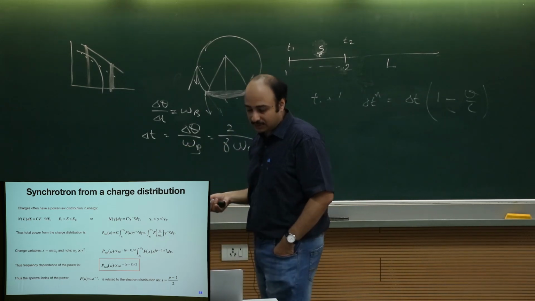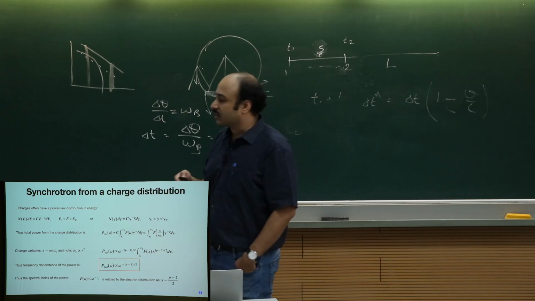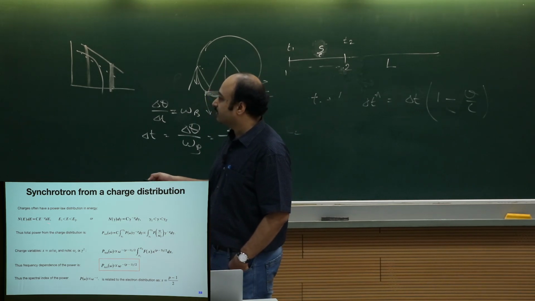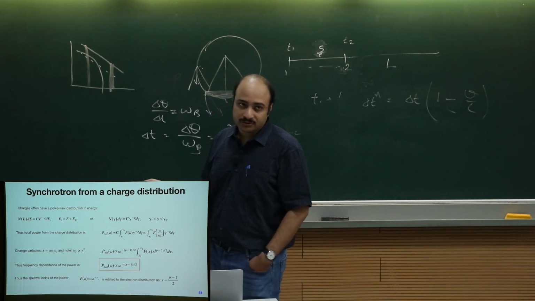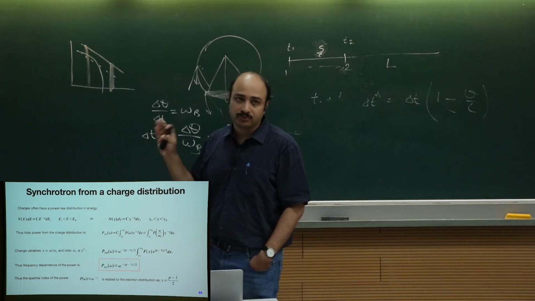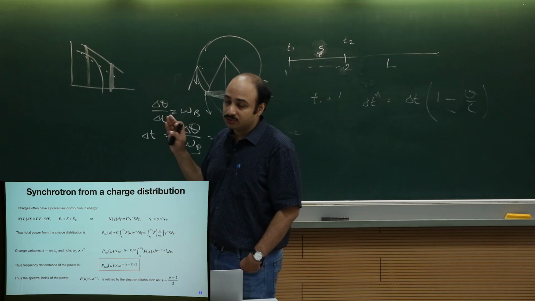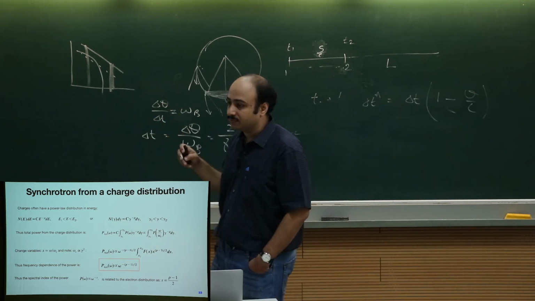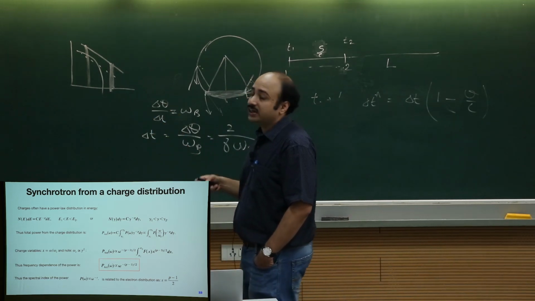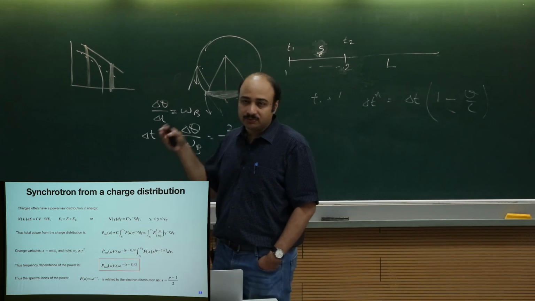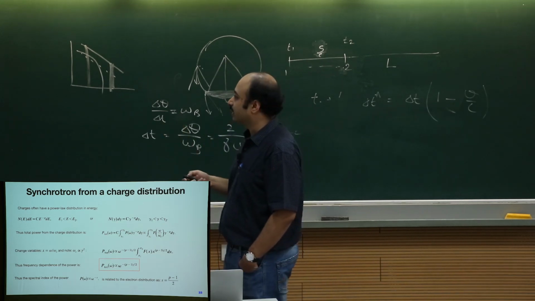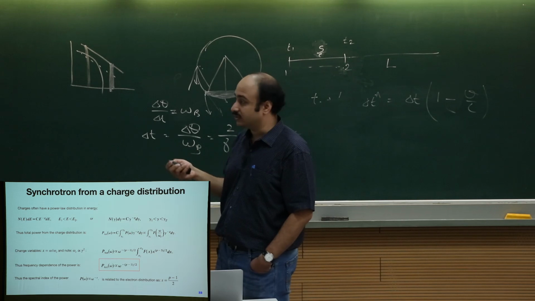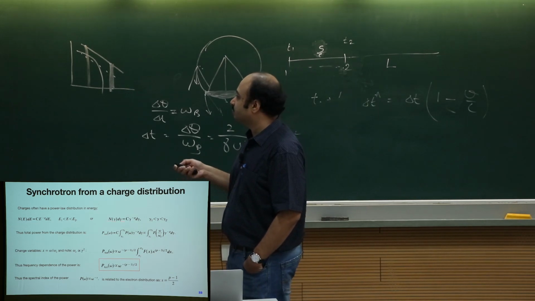There are various mechanisms, but after this acceleration, typically what we find is the particles have a power law distribution. And we are talking of leptons here because it's harder to accelerate protons. But it is not true that we cannot have proton synchrotron. For very highly energetic systems, perhaps we can, but usually we have electron synchrotron or leptonic synchrotron, positron synchrotron as well. So we have this power law distribution.